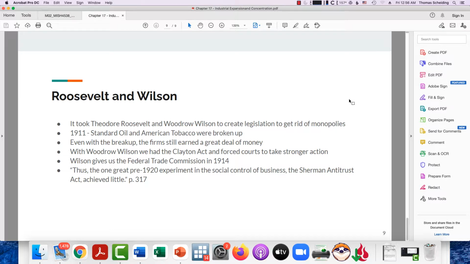So as businesses are becoming larger, what you're seeing here is that basically the government is being asked to intervene, I guess would be the best way to put it.